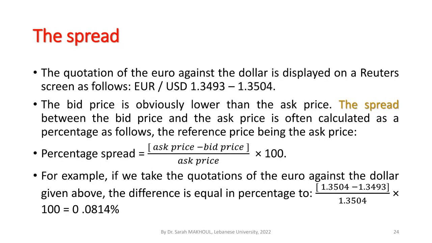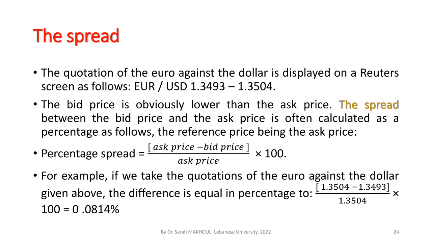Obviously the bid price is lower than the ask price, and on the other hand, 135.04 is the ask price. The spread between the bid price and the ask price is calculated in percentage.